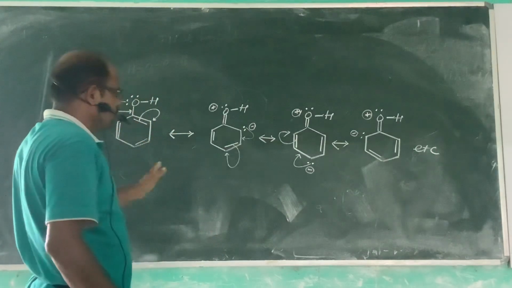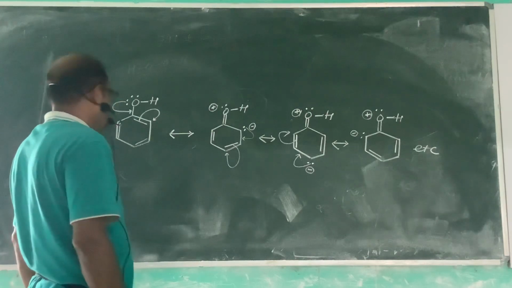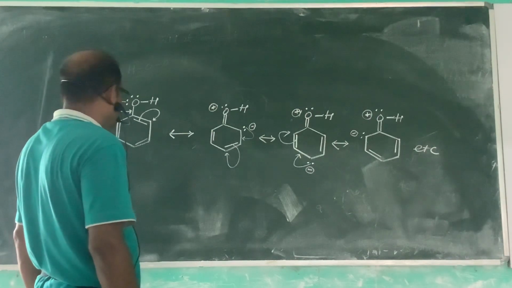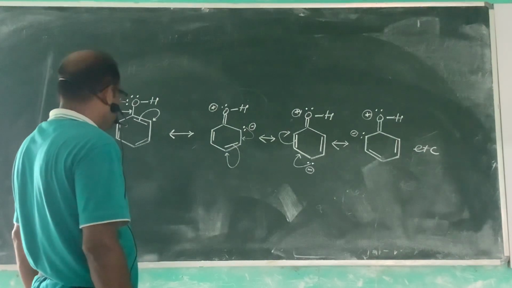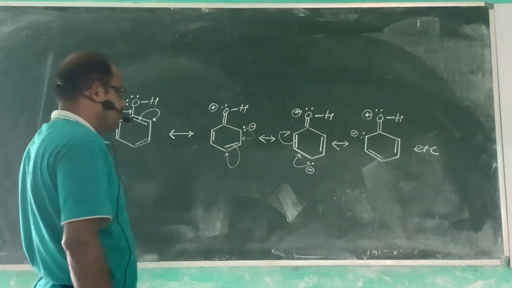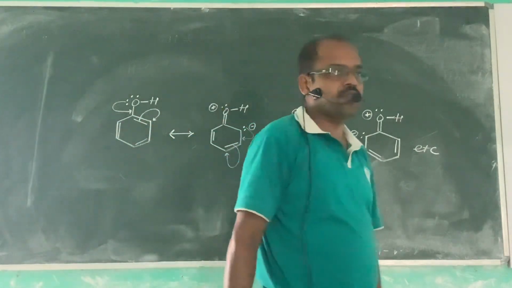These are the resonance structures of phenol. That means by shifting electrons, we can write more structures for phenol where the oxygen atom acquires a positive charge and the carbon atom acquires a negative charge.